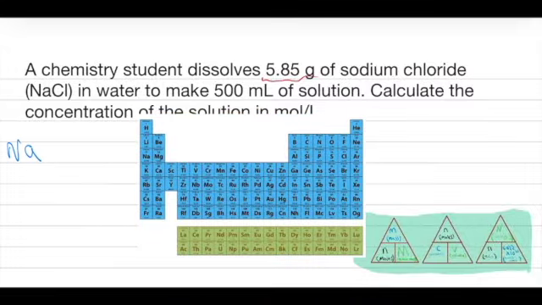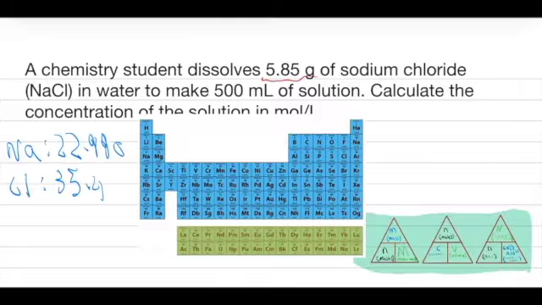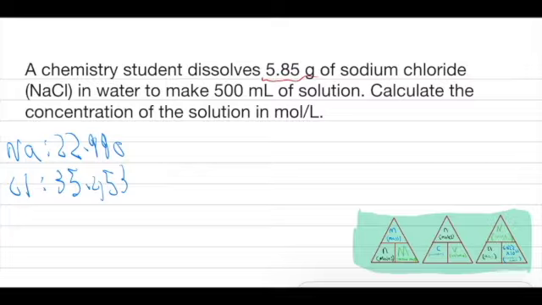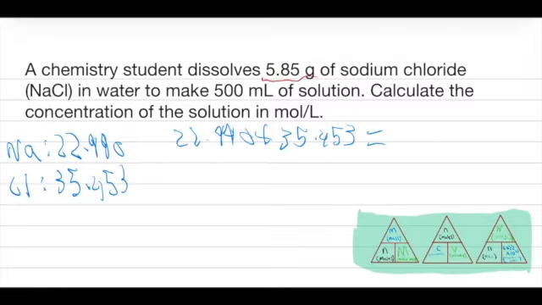Na is 22.990 and Cl is 35.453. And since there's not much going on, it's just one Na and one Cl, we just add them together. And there's your MR.